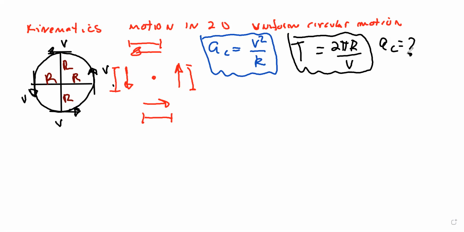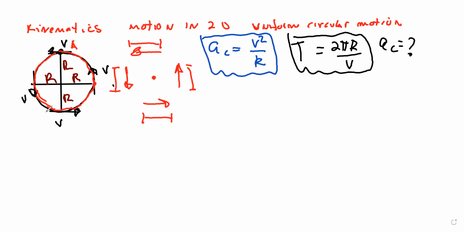For example, the period is the time that it takes for a trip around the whole circle. If you start here at point A, and you go all the way around the circle, the time it takes to go back to point A is your period.